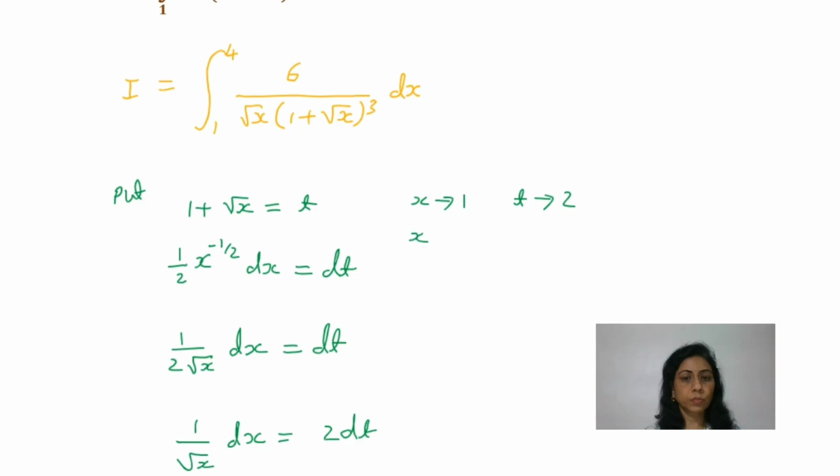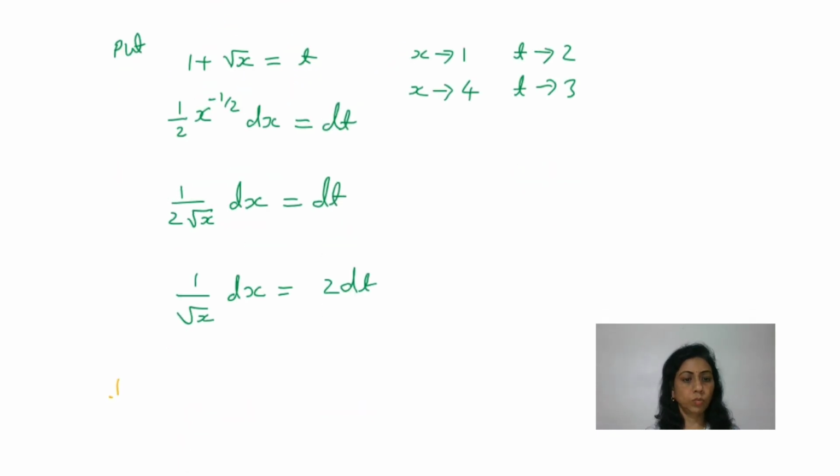When x value is 4, the upper limit, we put here 4, square root 4 is 2, 2 plus 1 is 3, so t value is 3. Here limits 1 to 4, now 2 to 3.